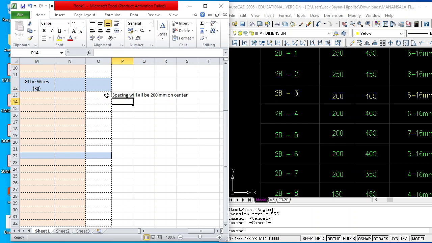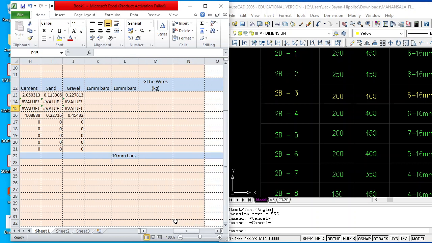Your number of stirrups will simply be equal to the length divided by 0.2 meters. Remember, the number of stirrups is like the number of lateral ties. In beams, you will also need to determine your bars.